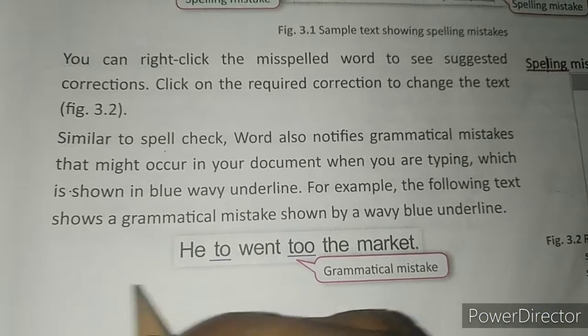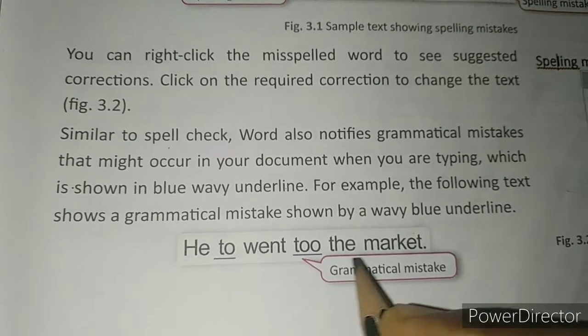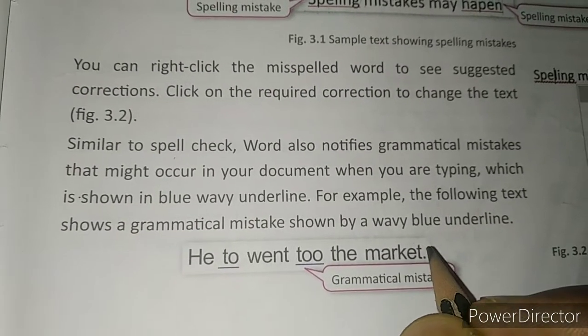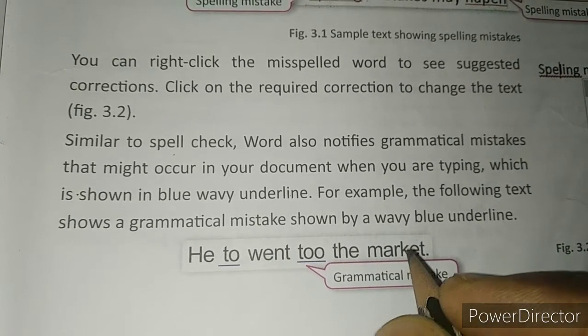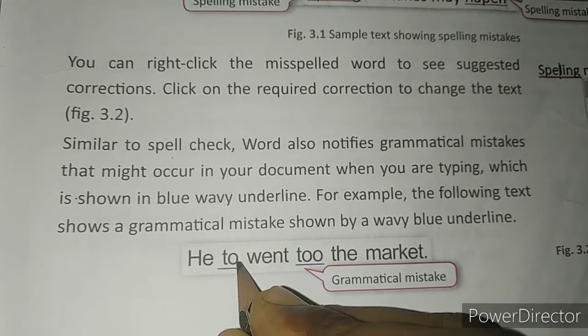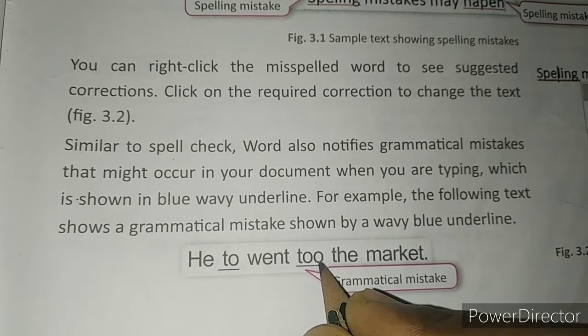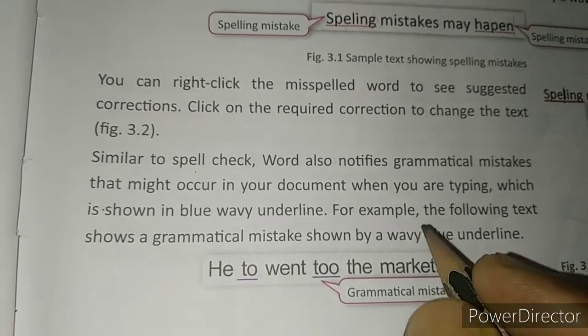The next sentence is, "he too went to the market." Here there should be a double O in "too" and here it should be "to". It means the grammatical mistake is there.